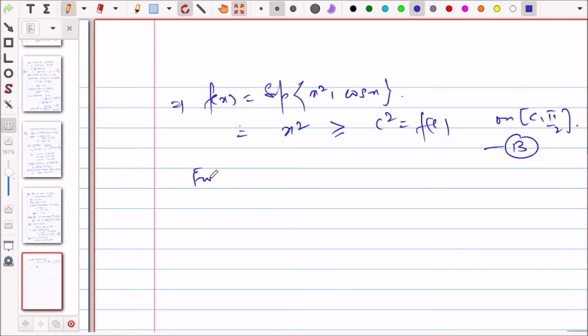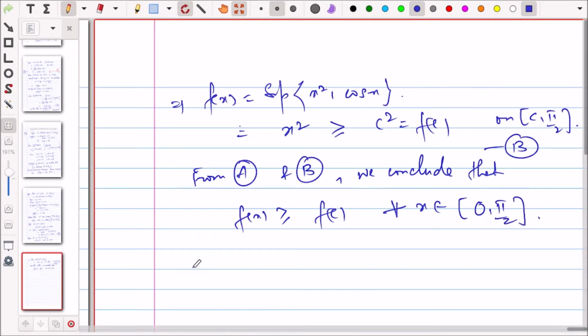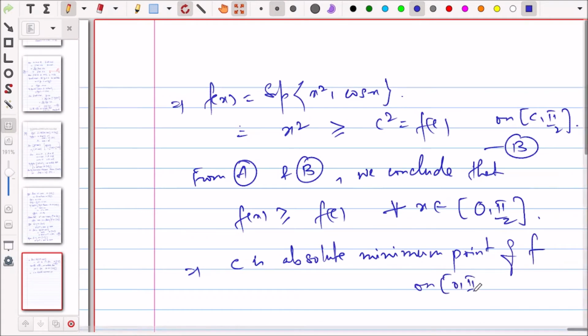So from (a) and (b) we conclude that f of x is greater than or equal to f of c for all x belonging to 0 to pi by 2. So this implies c is an absolute minimum point of f on 0 to pi by 2.